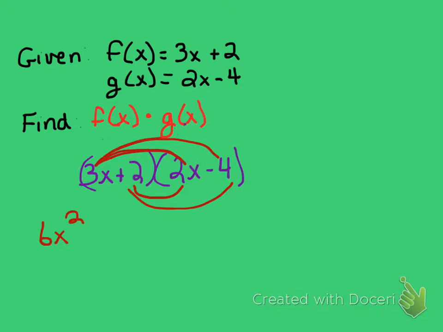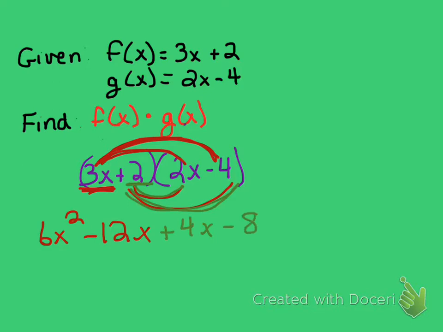Then I'm going to do 3x times negative 4. That would be negative 12x. Now, I'm done with this one. Now, I have to move over and do the 2. So I multiply the 2 times 2x, which gives me plus 4x. Then I multiply the 2 times the negative 4, and that gives me minus 8.